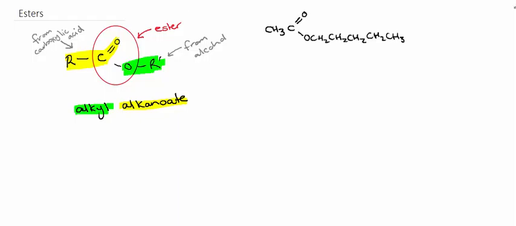If we have a look at this structure here, the first thing that we want to do when naming it is identify the oxygen that is bonded directly to an alkyl chain here. So if we have a look at that, we can see we've got 1, 2, 3, 4, 5 carbons. So the alkyl part becomes pentyl, pent for the 5 carbons.